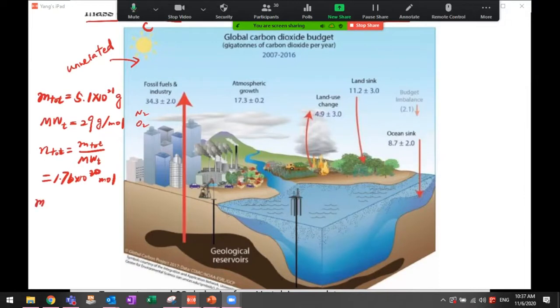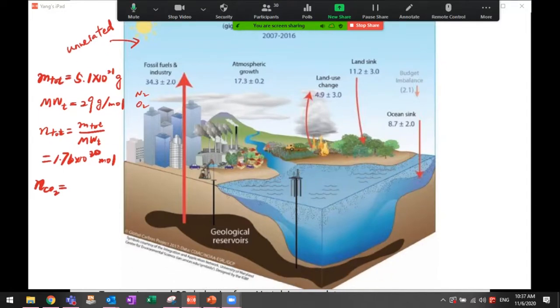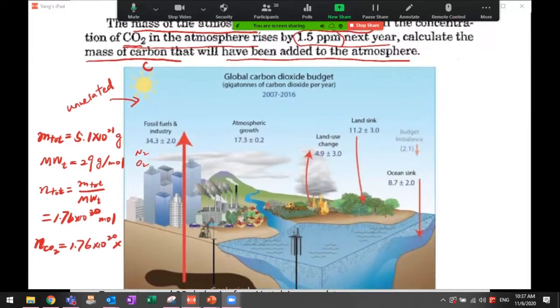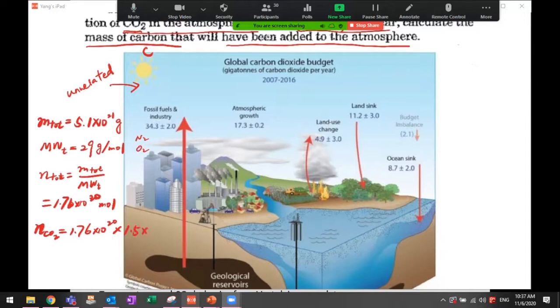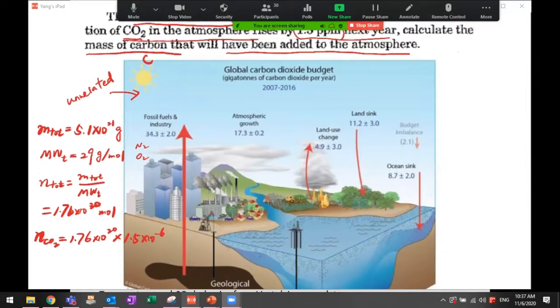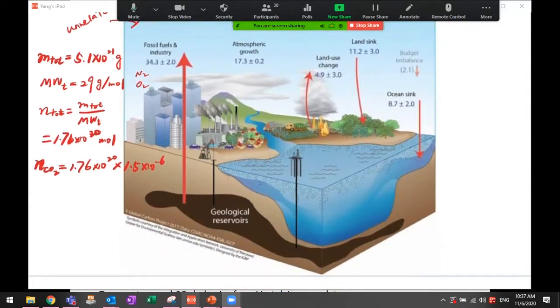So the added moles of carbon dioxide is going to be 1.76 multiplied by 10 to the 20th, and then multiplied by 1.5 times 10 to the power -6, right? We're talking about ppm. So this is going to be 2.64 multiplied by 10 to the 14th moles, right?